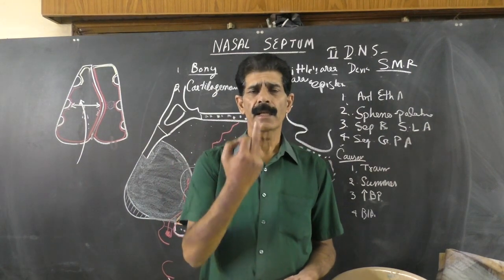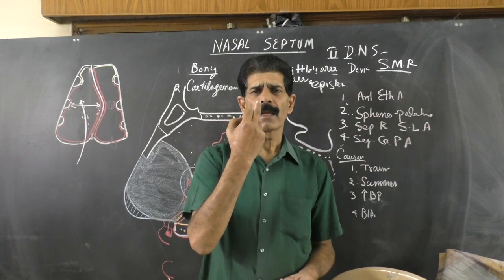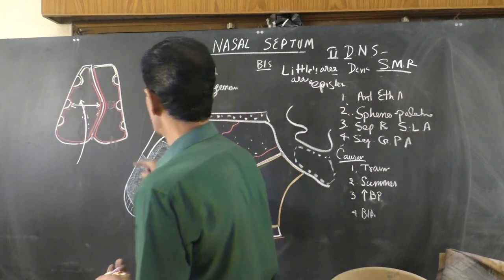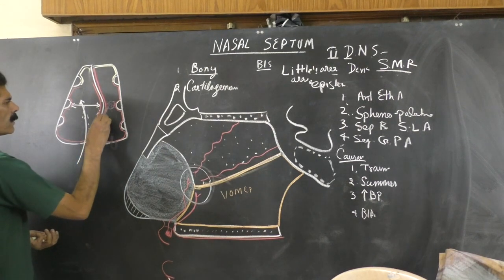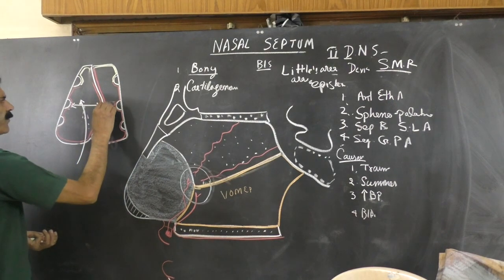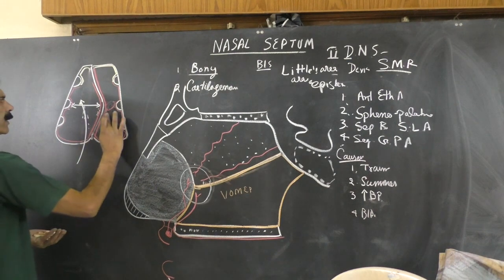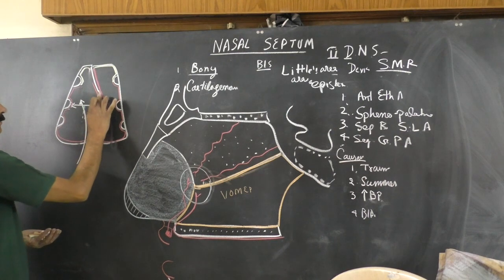So we go anteriorly and cut the nasal mucosa, and we lift it up, and anteriorly from here we cut a middle piece of the bone which is deviated.